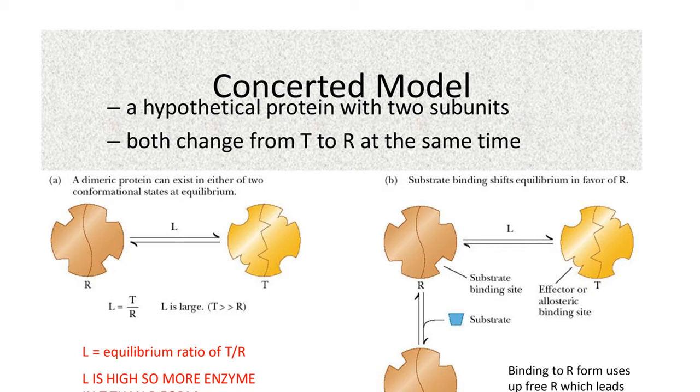It's going to be K. It's like an equilibrium constant, so it should make sense that you have products over reactants, and it's just that ratio. If the ratio is high, then it's going to prefer the T state at equilibrium over the R state. If it's low, then vice versa.